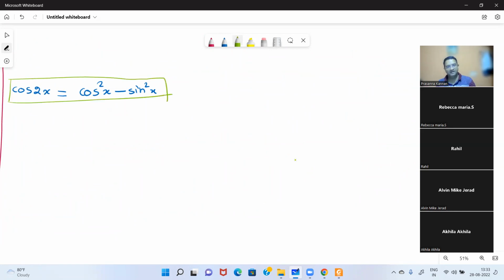Now we will get 4 different varieties of the same formula. So you know sin square x plus cos square x is 1, correct? What is cos square x plus sin square x?